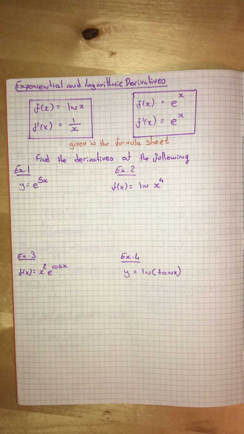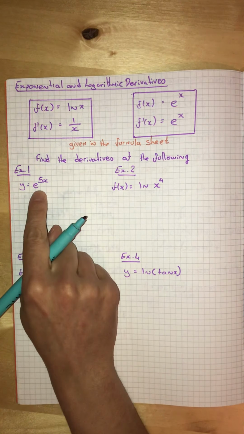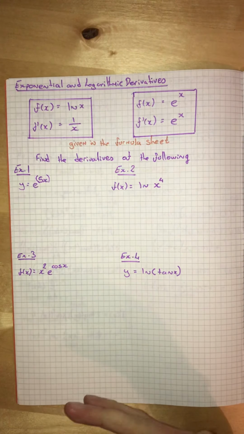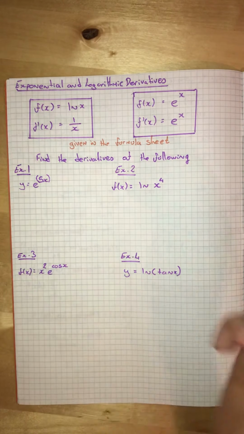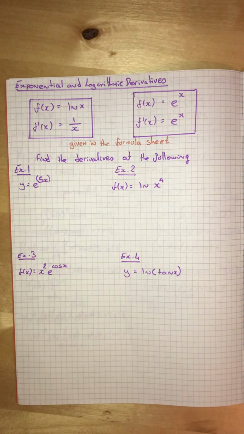E to the 5x. So we would differentiate that, but we need to think we still need to do the chain rule because that is e to the 5x. We think of that as the function e to the power of the function 5x. So it's a function within a function. So it still uses the chain rule.